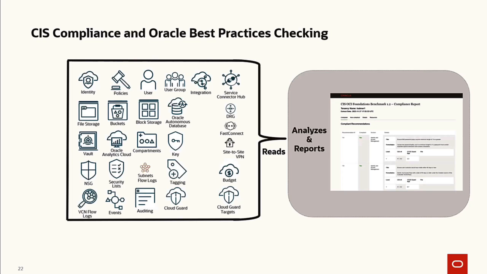There is an optional feature in the script that we check for Oracle best practices. So we extended the benchmark and we check for best practices like, do you have redundant customer connectivity, right? Do you have a budget? Budgets are not in the recommendations from the benchmark, but we do check for them. Do you have a service connector hub, right? To do logging consolidation, right?